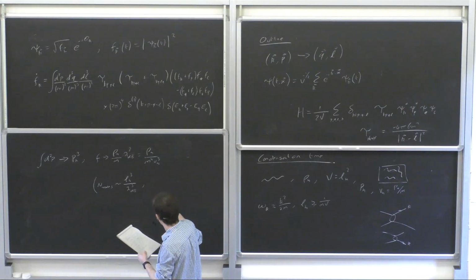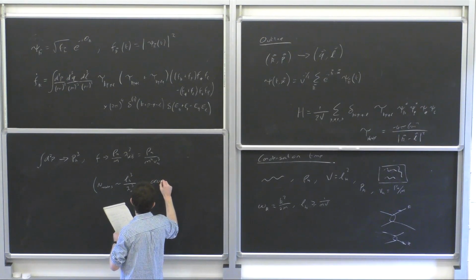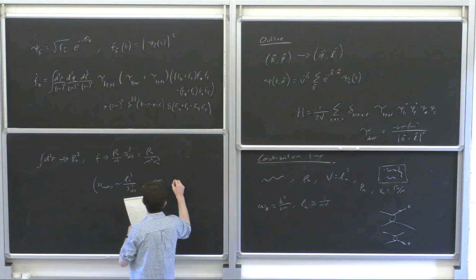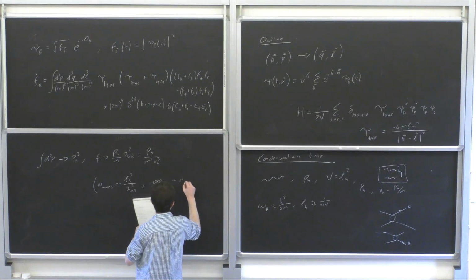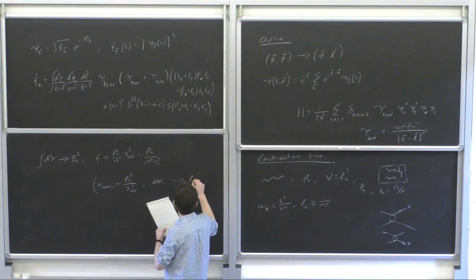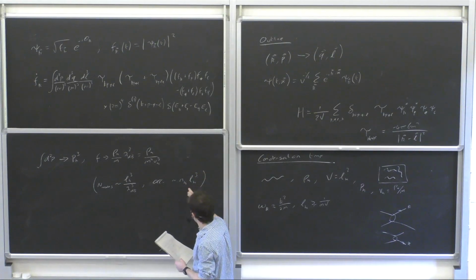And that means that the occupation per mode is roughly the number density of particles times the size of the halo cubed.